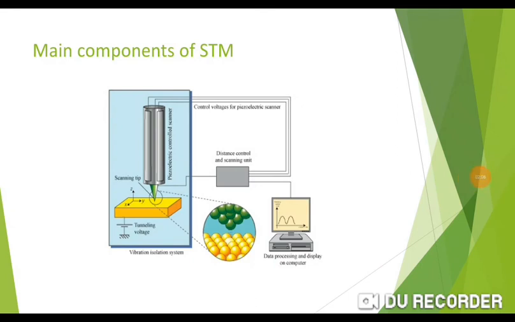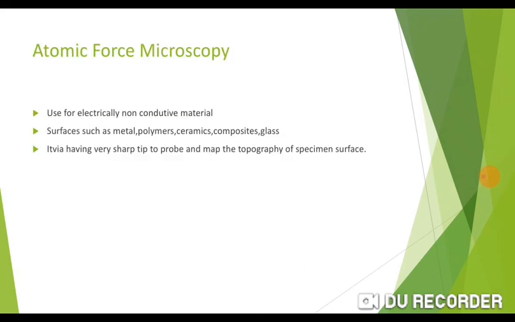Now, similar to the scanning tunneling microscope, there is an extension of the scanning tunneling microscope technique, which is atomic force microscopy. It has a basic difference: unlike the scanning tunneling microscope, where electrically conductive materials are generally used, for atomic force microscopy we can investigate electrically non-conductive materials also.